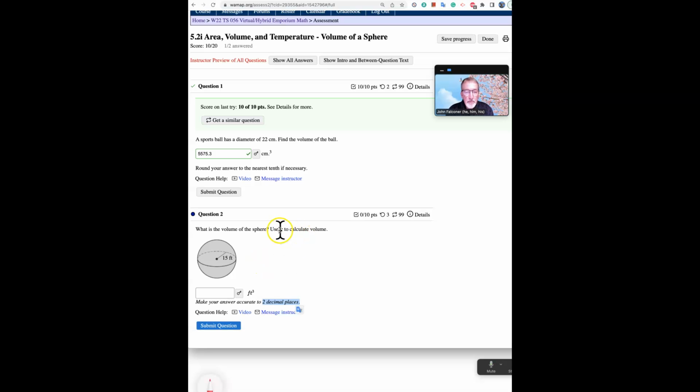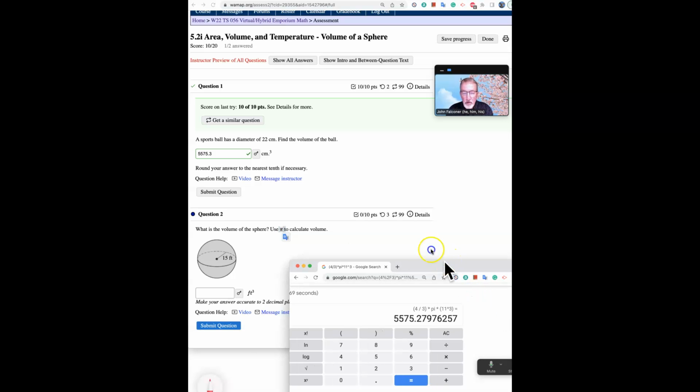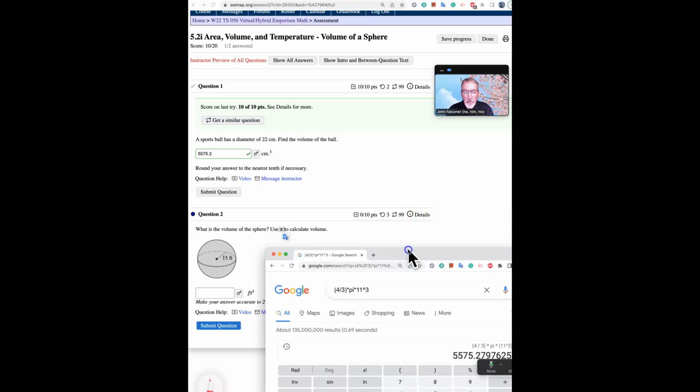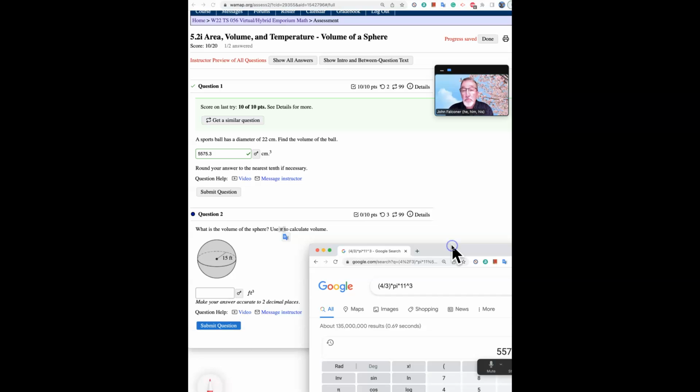And if you've been using 3.14 or something else for pi, be sure to use the symbol pi. If you're doing it this way with a browser, put in the pi as pi. And that will use a more precise value for pi than 3.14. And then you'll be rounding your answer to 2 decimal places. So here we rounded it to 1.